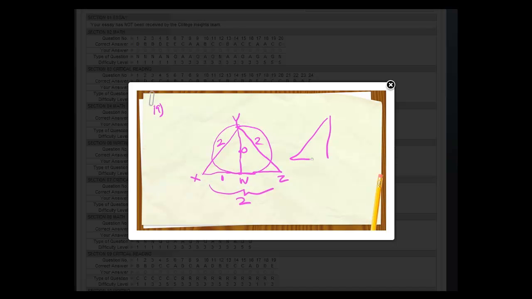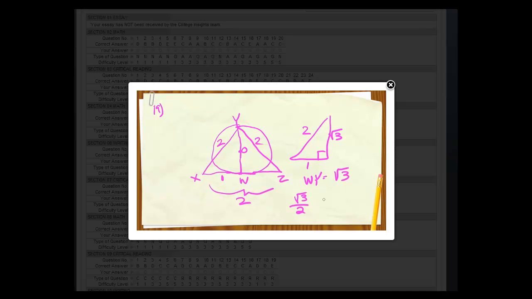Okay, if we just take this as a separate right triangle, we know that the sides are x, 2x, and x times the square root of 3 for this 30-60-90 triangle, which is what we have. And so WY equals the square root of 3. So half of that would be the radius, which is the square root of 3 divided by 2.